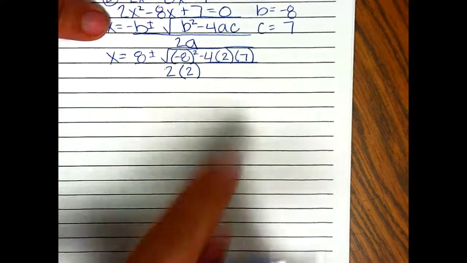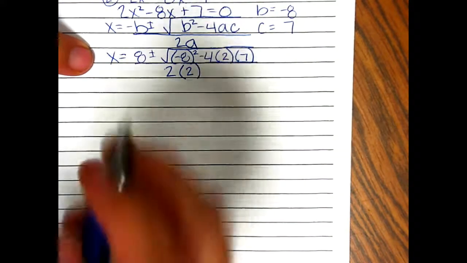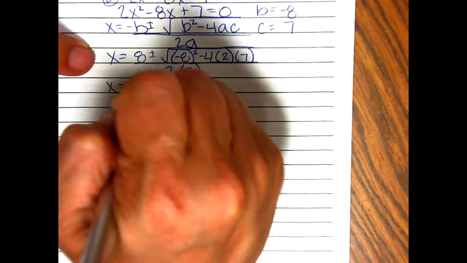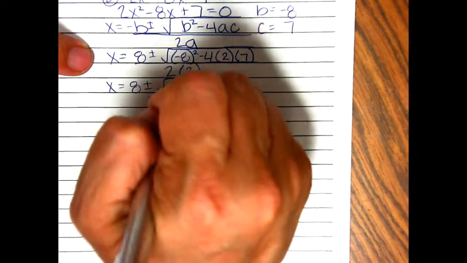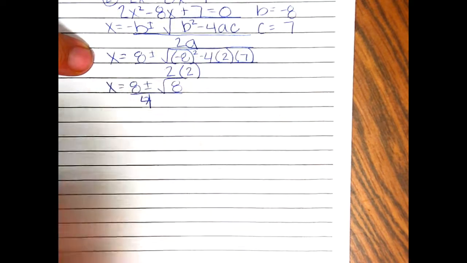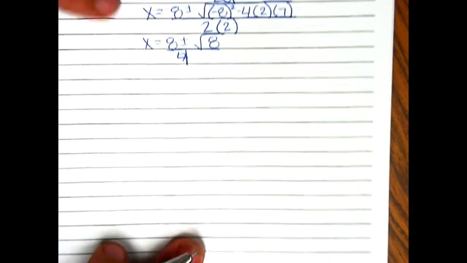Okay. When you plug the discriminant into your calculator, you end up with x equals 8 plus or minus the square root of 8 over 4. Sorry, I was going to write 2 times 2 again. Okay, I can simplify the square root of 8.